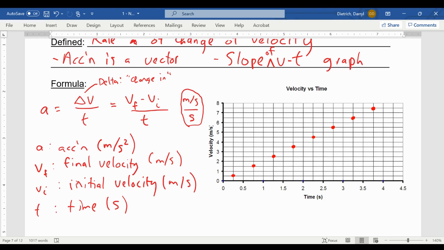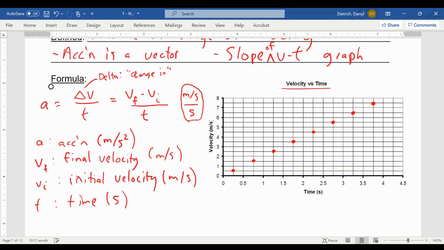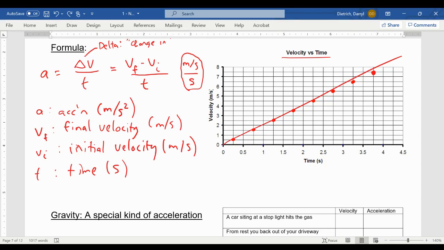Just to quickly touch on this graph, which is velocity versus time for an object: after 1 second, an object has a certain velocity, and then at some later time, the velocity increases as time goes on. If we draw a nice straight line through that and find the slope of this line, this rise would be 7.5 meters per second, because our y scale is now in velocity.